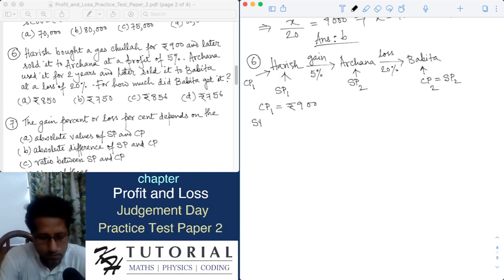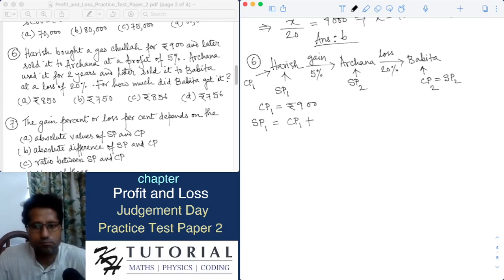Since Harish sold the gas chula to Archana at a gain of 5%, the selling price SP1 will be 100 plus 5% of the cost price for Harish, that is CP1.